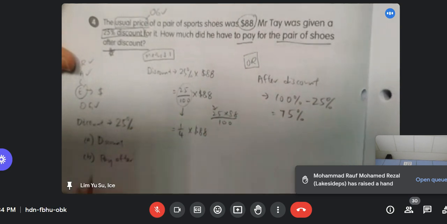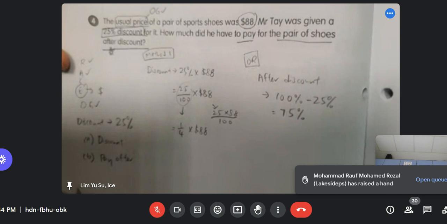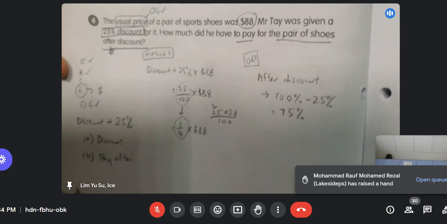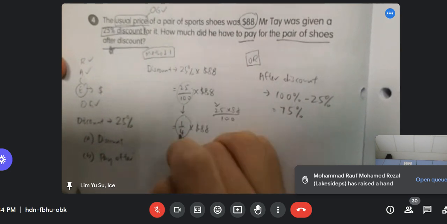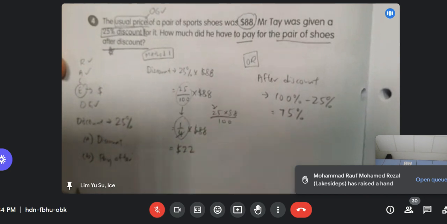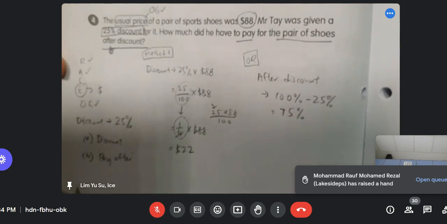Can you see the difference in steps? If my fraction is strong, I can simplify 25 over 100 to a quarter, and then I can get my answer very quickly to $22 because 88 divided by 4 is 22.